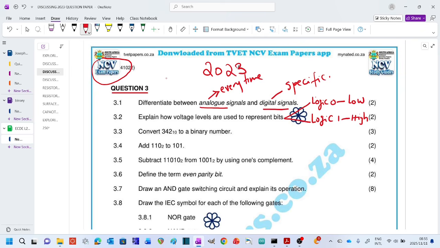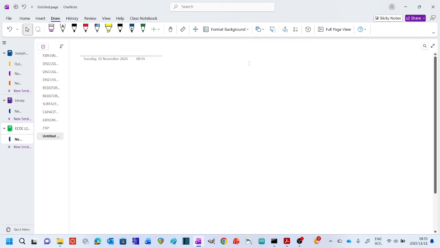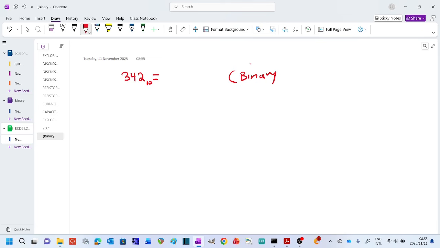3.3, convert 342 base 10 to binary. Base 10 means we are converting a number from decimal to binary. I'm going to have to add a new page. So we are converting 342 base 10, which means a decimal number, to binary. Different methods can be applied to convert this.